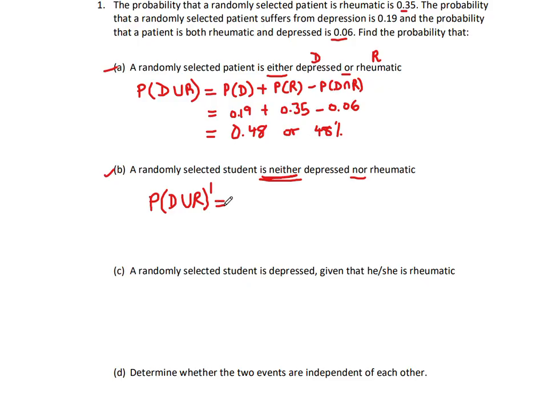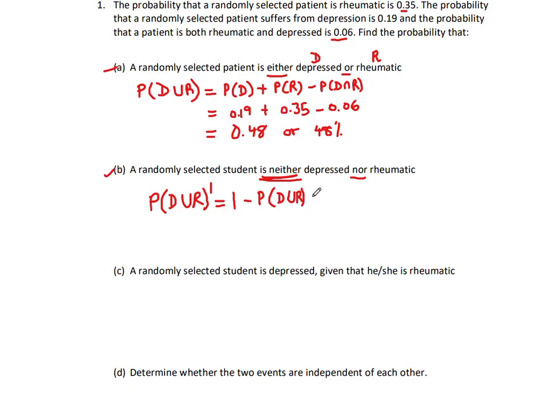To find the complement of the union, we take 1, which is the total probability, minus the probability of the union itself. So this will be 1 minus the probability of D union R. This is how we always find the probability of neither nor.